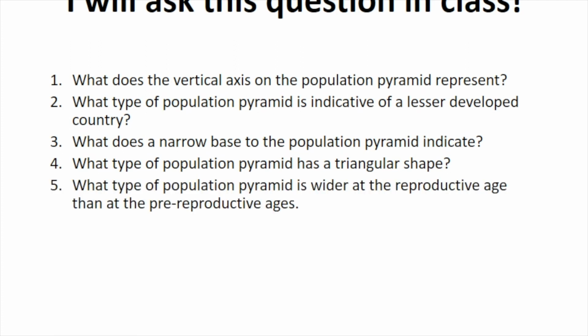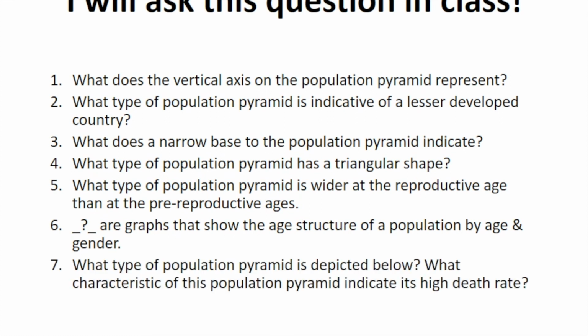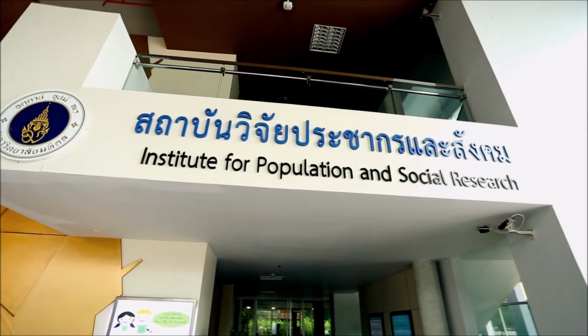What type of population pyramid is wider at the reproductive age than the pre-reproductive age? And what are the graphs that show the age structure of population by age and gender? Last, what type of population pyramid is depicted below? What characteristic of population pyramid indicates its high birth rate?